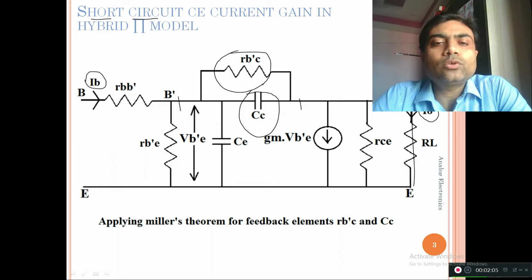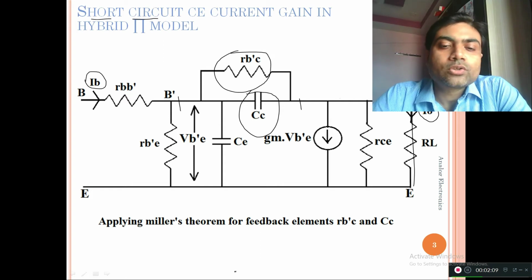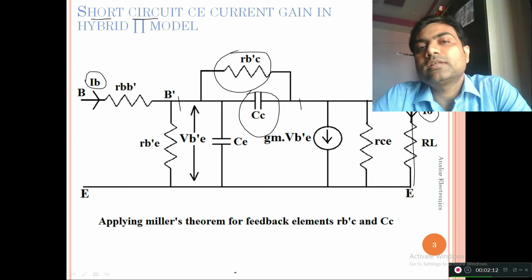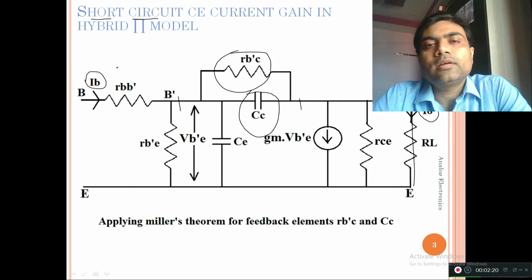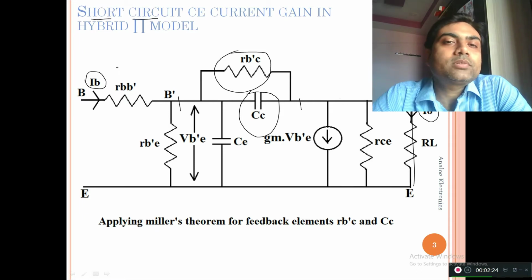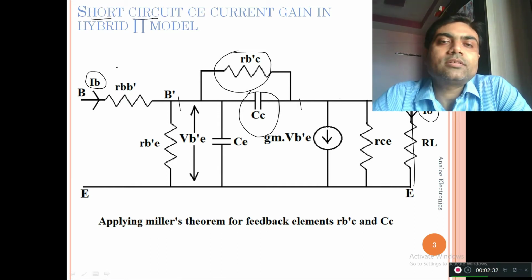These are the two components which need to be separated between the input and output circuit, so that we can apply our KVL or KCL analysis and calculate the current gain. So we are applying Miller's theorem for these two feedback elements. We have already studied why Miller's theorem is required. Unless we separate these components into input and output circuit, we cannot analyze the circuit.